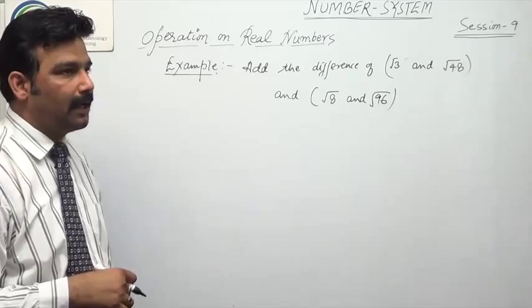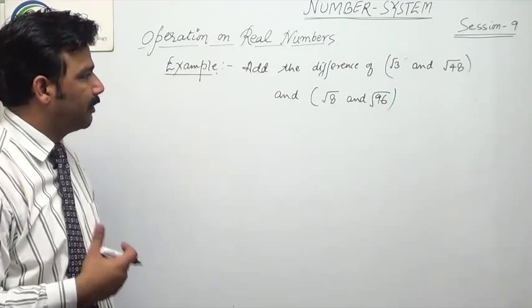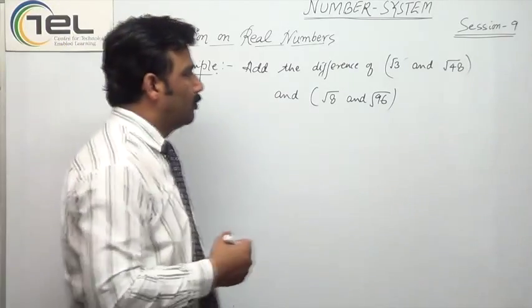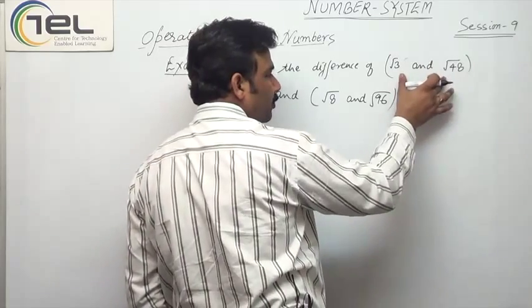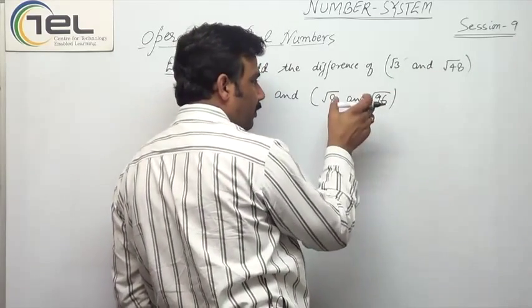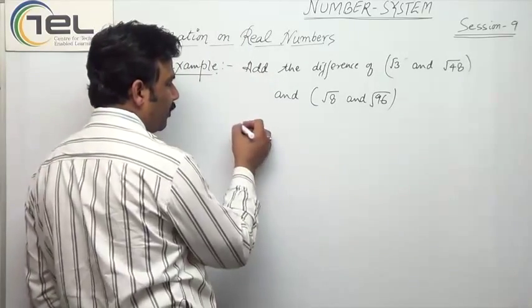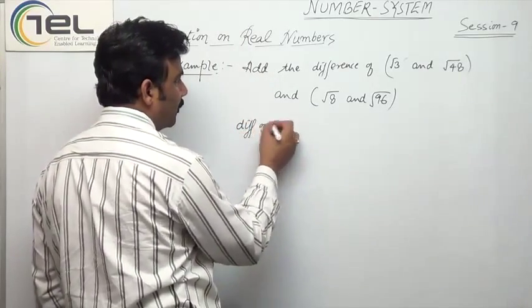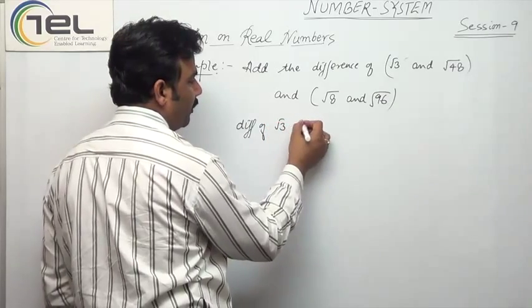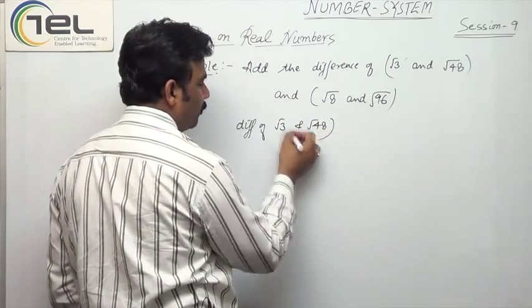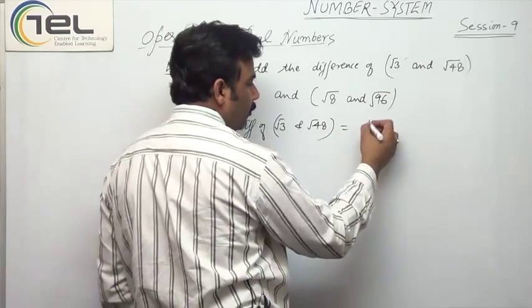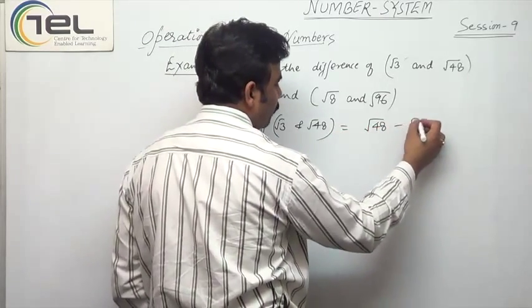We have to add them. So first of all, take the difference of both of these, then we will have to add. So the difference of root 3 and root 48 is root 48 minus root 3.